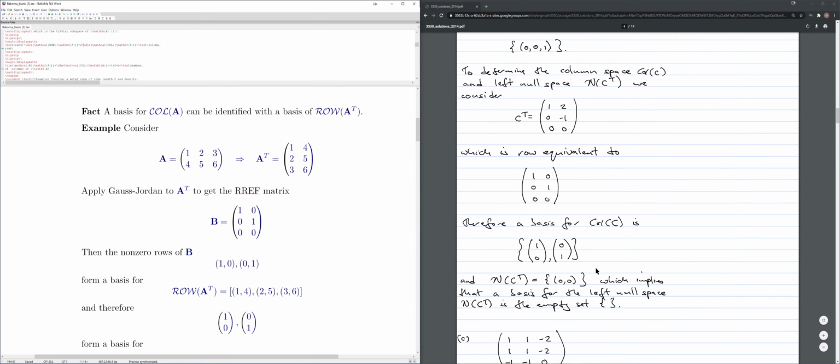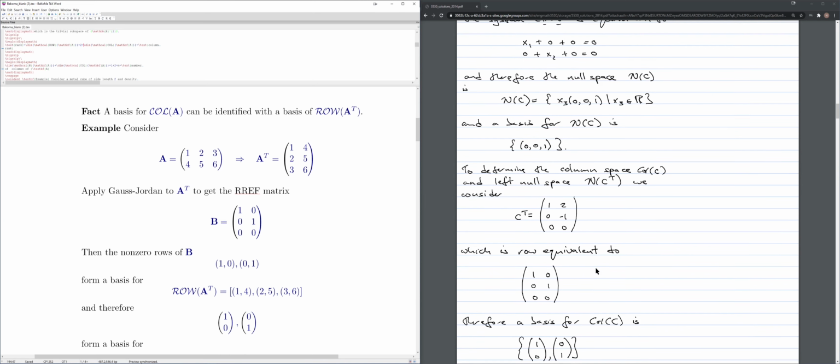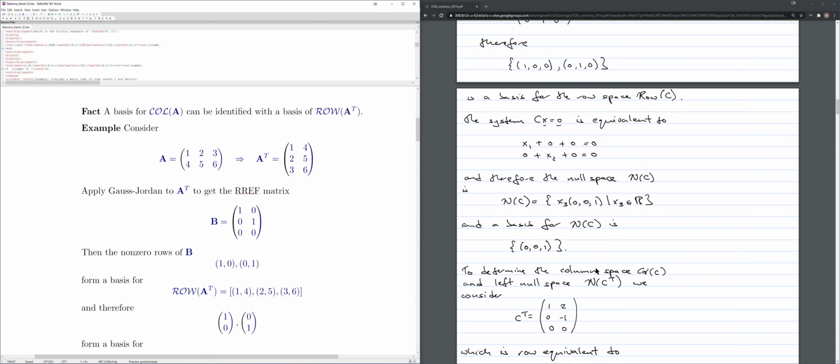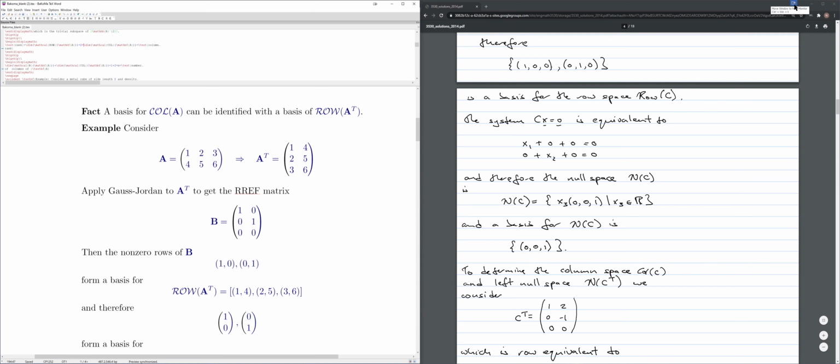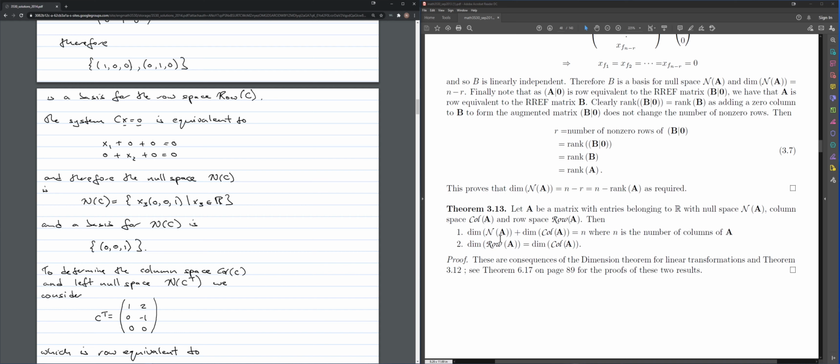Okay, so now I know the bases for all of my three subspaces that I want to consider for theorem 3.13. The ones that I want to consider would be null space, row space, and column space.